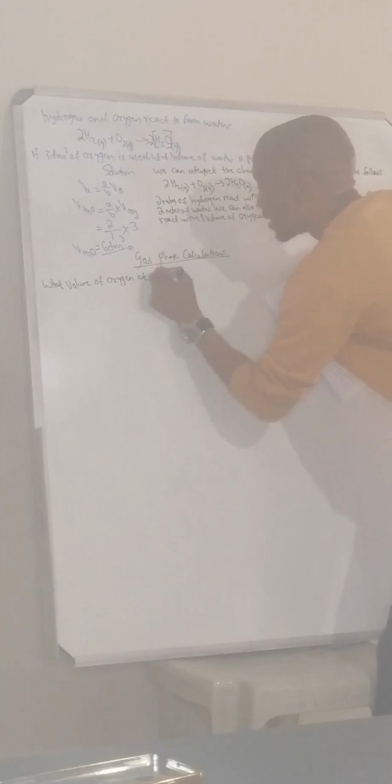Suppose we ask: what volume of oxygen at standard temperature and pressure is needed for the complete combustion of 3.3 cubic decimeters of propane? All this had been dealt with in the previous 2 lectures.